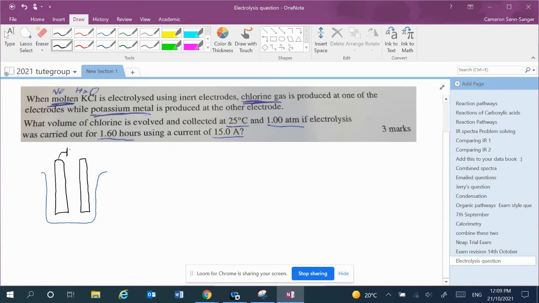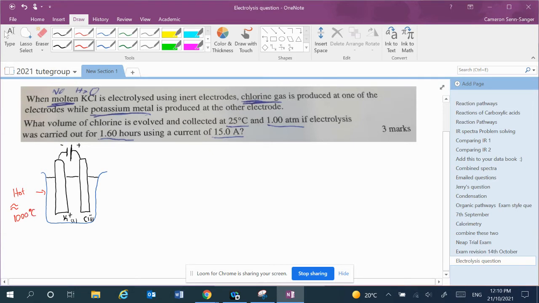We'll have a power supply, and the long one's positive, the short one's negative, and then we've got the electrolyte itself, which contains K+ ions in liquid form, and chloride ions also in liquid form. So it's hot, around 1,000 degrees Celsius, plus minus a little bit.